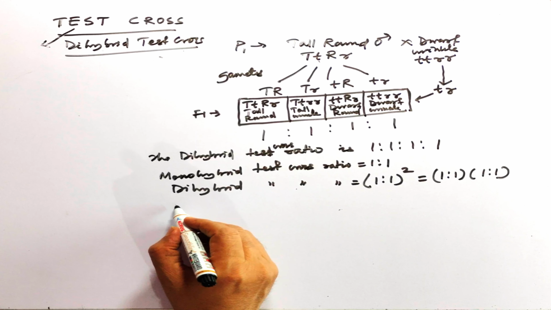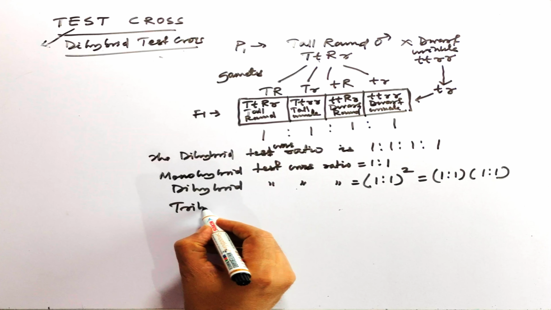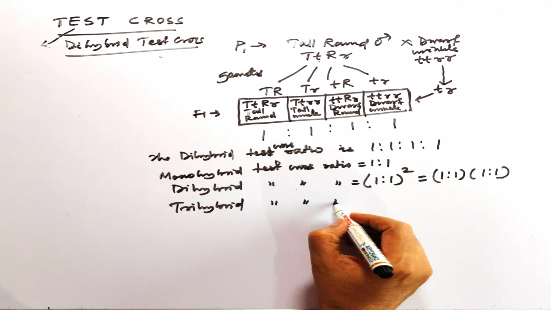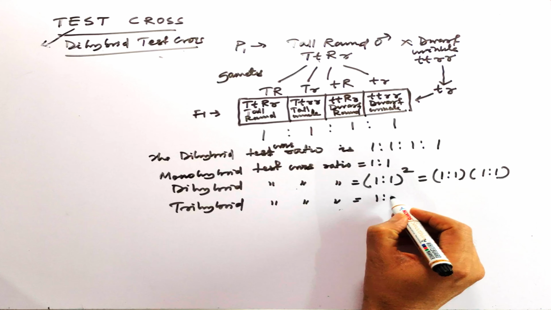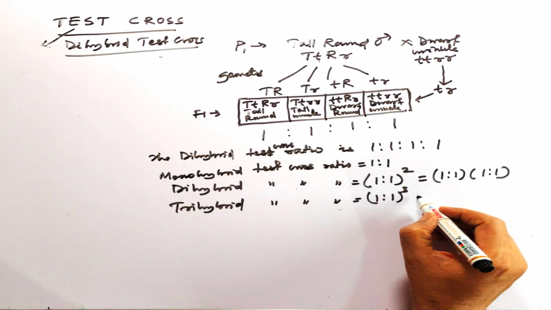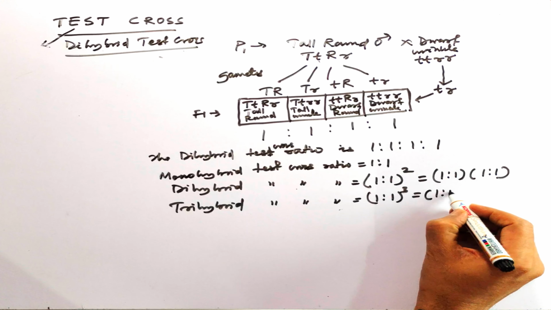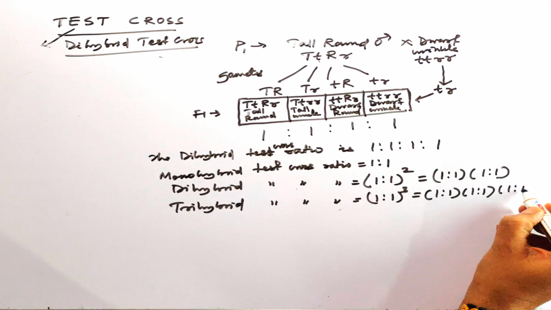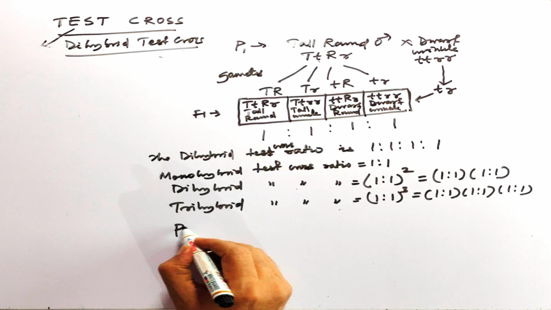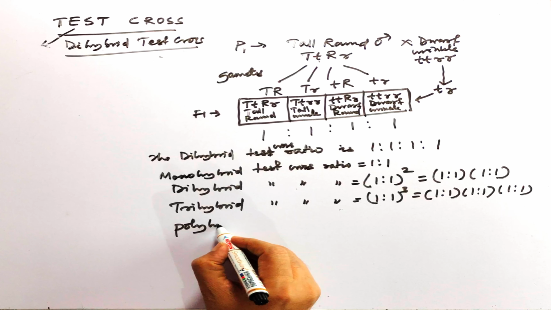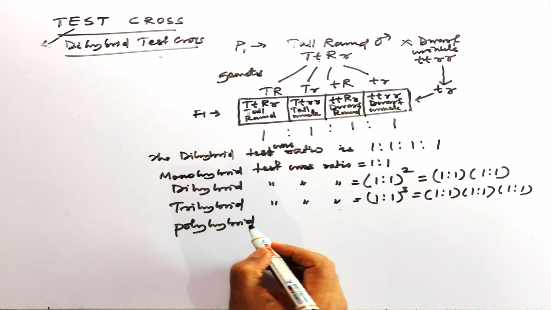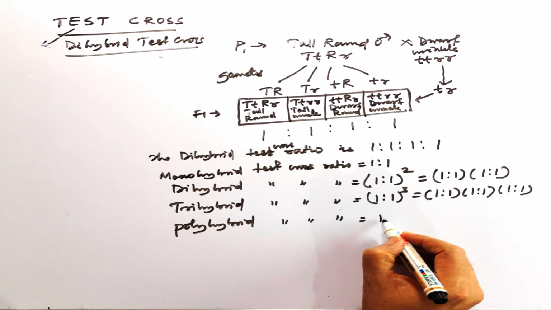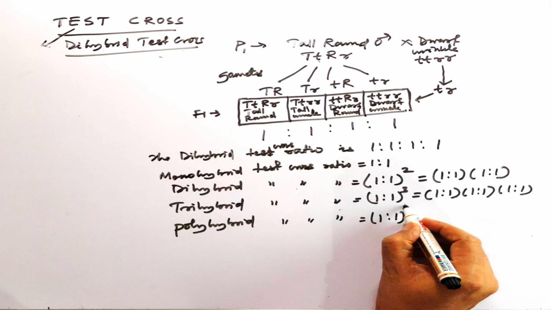Like that we can also get the trihybrid test cross ratio, 1:1 to the power 3, or 1:1 into 1:1 into 1:1. And the polyhybrid test cross ratio is 1:1 to the power n.